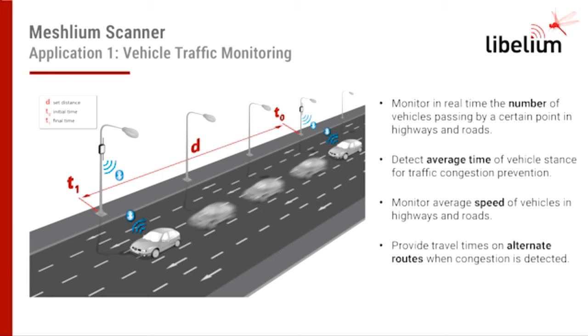That means if we get the same MAC address being scanned at different, following times, for example, at 12, or 10 past 12, quarter past 12, that means that that car has been stopped in the same place for 10 minutes, for 15 minutes, and that will give us the idea that there is a traffic jam and there is a congestion that we need to solve.